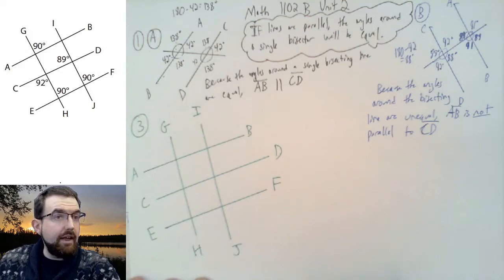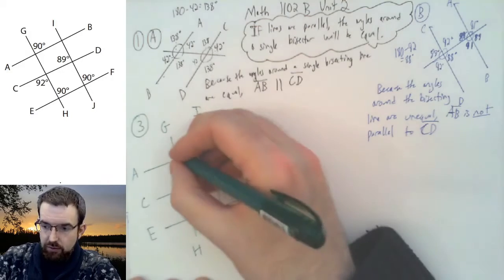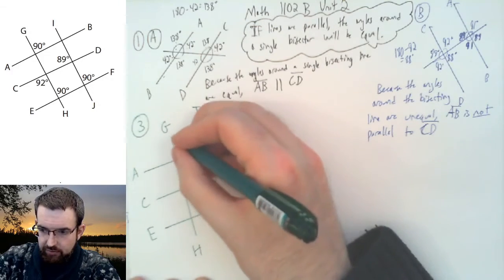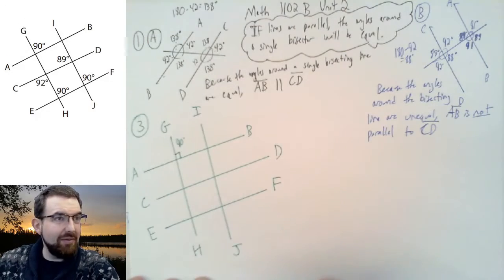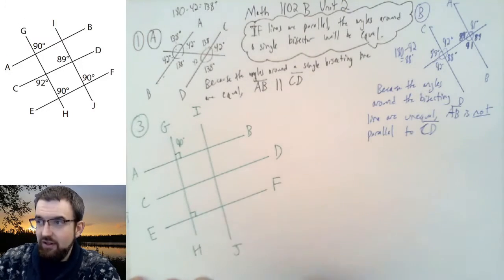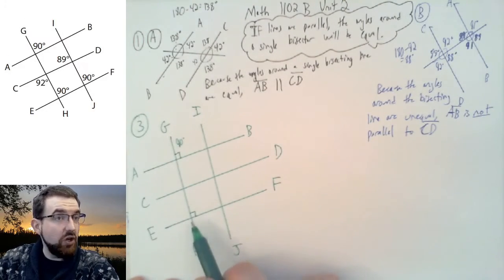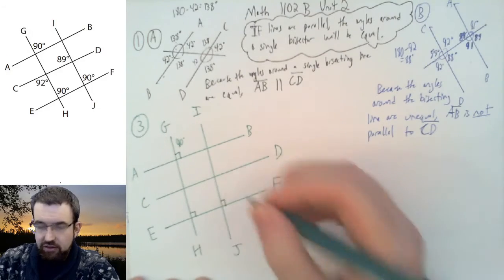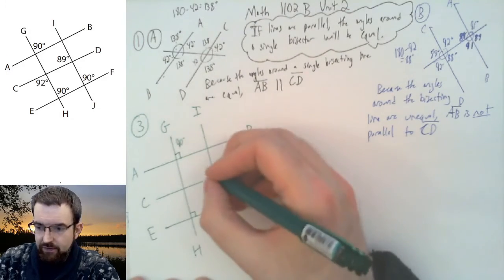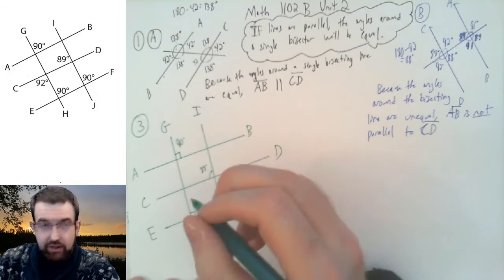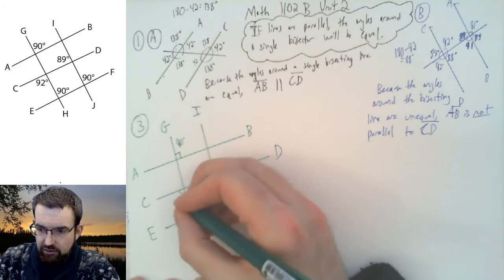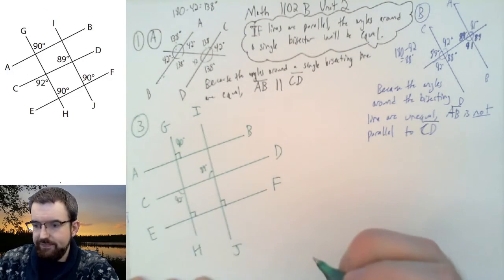Okay. Now, what angles are we told? Well, we're told this one here is 90, so I'll put in that one. So it's 90 degrees. We don't really need to label it, because the corner is enough to show that that's 90. And this one here is 90. This angle here is 89 degrees. This angle here is 92 degrees.